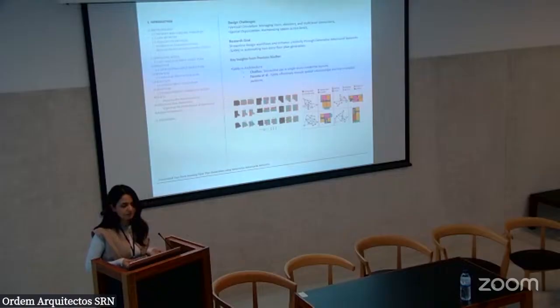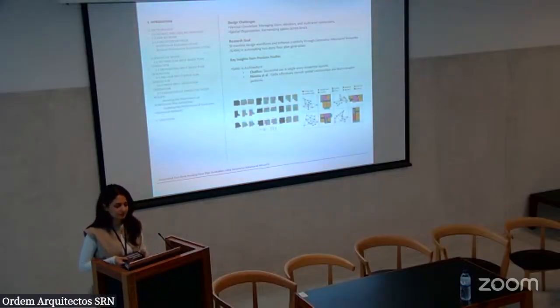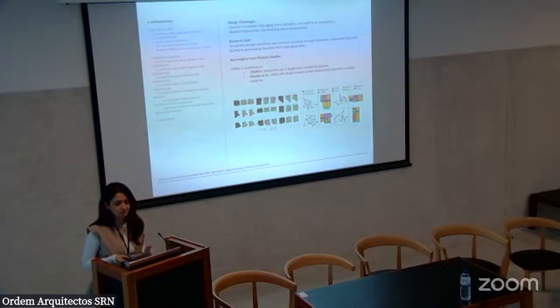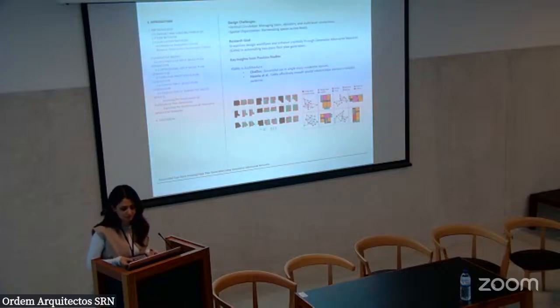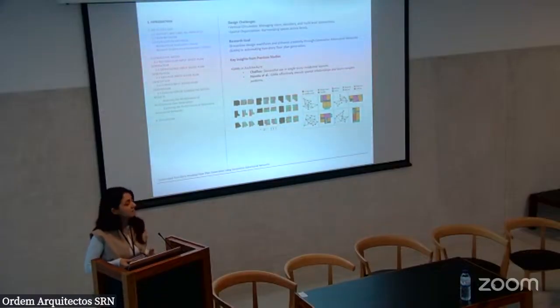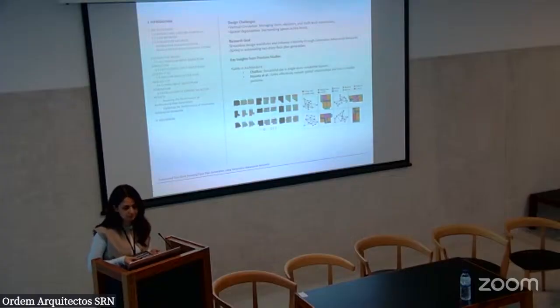First of them is the vertical circulation, because we need to manage the stairs and multi-level connections and the connection of the special functions. So in this part of research, we try to enhance and find some creativity through the GAN networks, which is generative adversarial networks, in automating this floor plan generation.